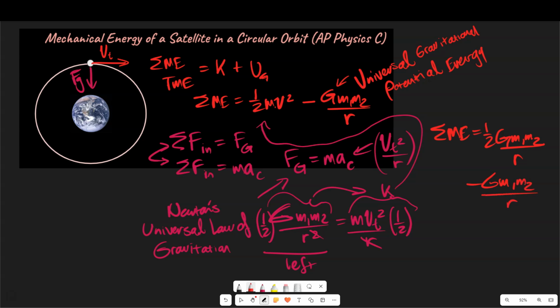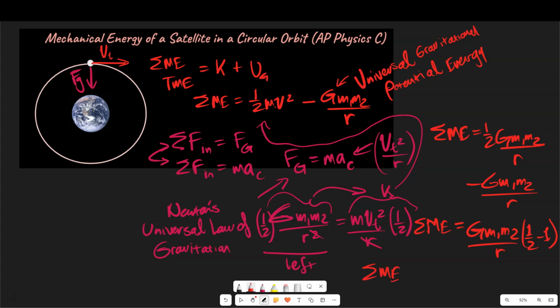Well, let's combine like terms. Basically, we've got that whole thing is a set of like terms with the exception of a number. So we can say the mechanical energy is equal to G times m1 times m2 over r, and the first term has a 1/2 and the second term has a -1. We have a sum here.